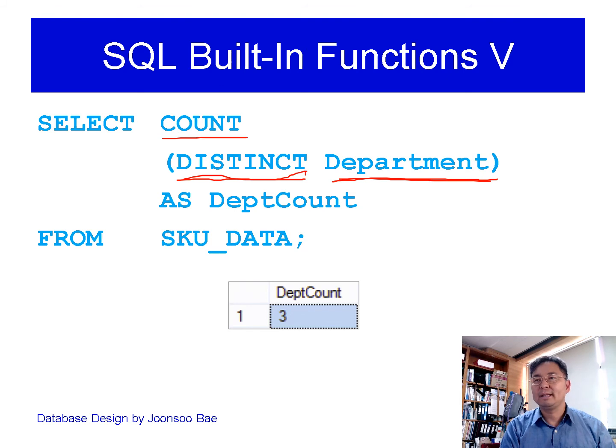Okay, we have already learned the meaning of distinct. So if I have a student data set, and I want to count how many departments are in our university, then you can use this count combined with distinct department.